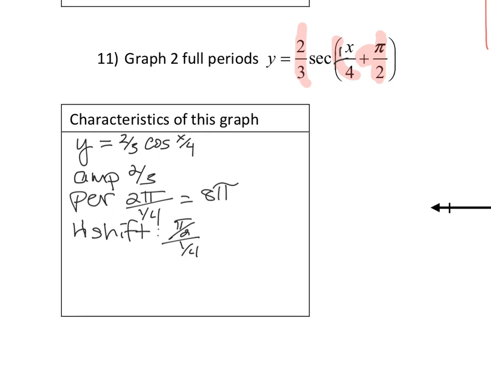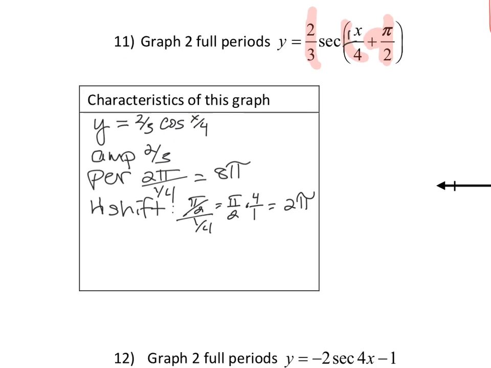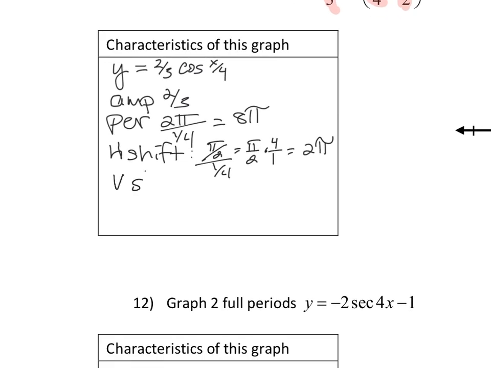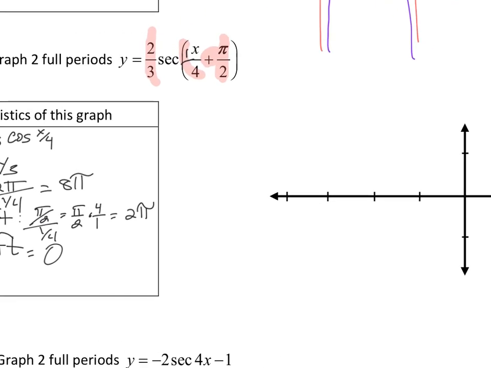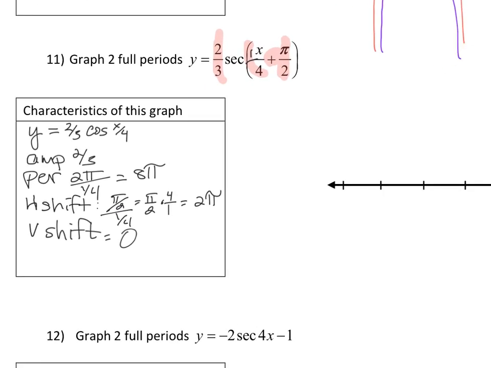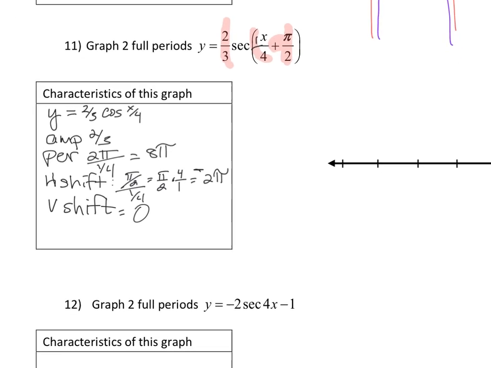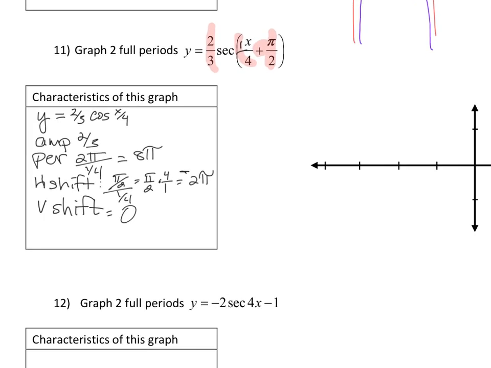So I have pi over 2, and I'm flipping. 4 divided by 2 is 2. So this gives me 2 pi. All right, my v shift is none. And, oops, this was a negative because of the plus there. And no vertical shift and no rotation because it's just positive 2/3.